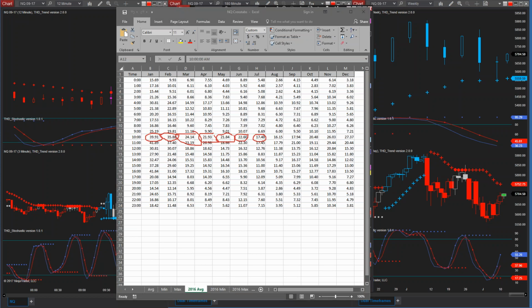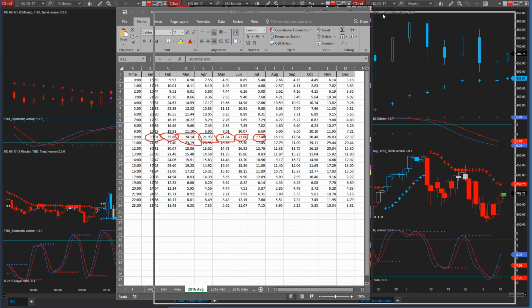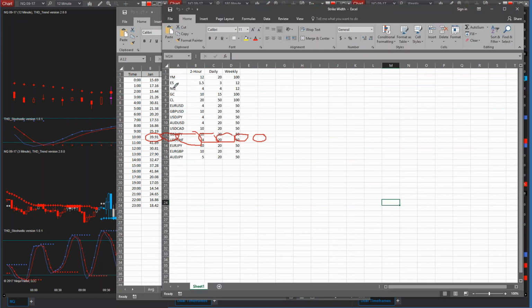Okay, so the NASDAQ has a strike width on a 2-hour binary. The strike width on the NASDAQ is 4 points. Is everybody with me so far?